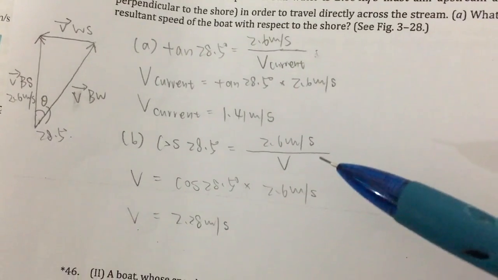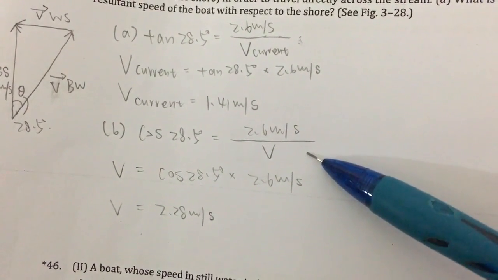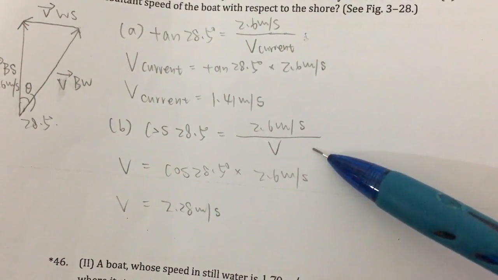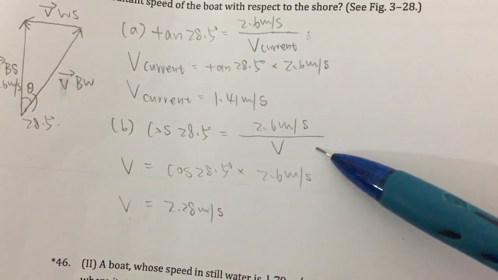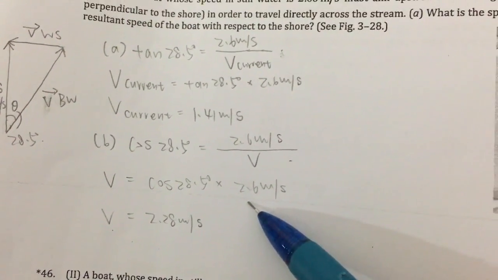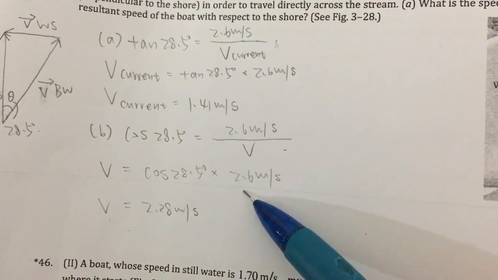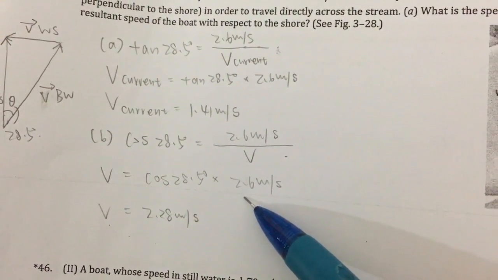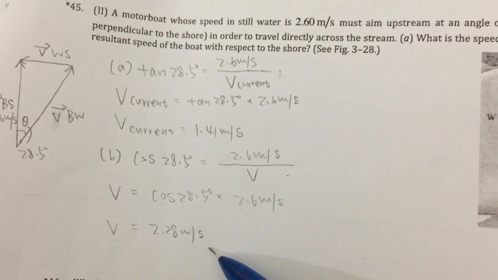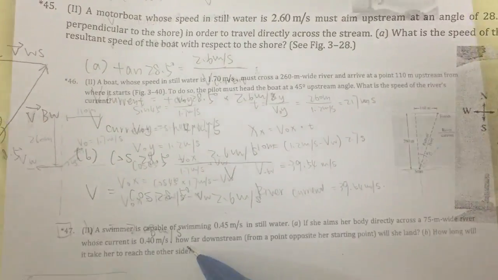So cosine 28.5 degrees is equal to 2.6 meters per second divided by the speed. So the speed of the boat with respect to the shore is 2.6 meters per second divided by cosine 28.5 degrees. So the final answer is 2.28 meters per second.